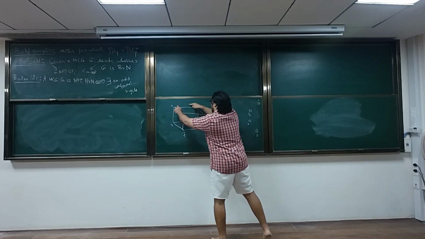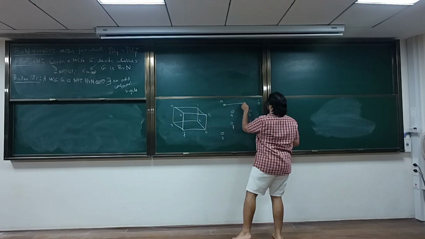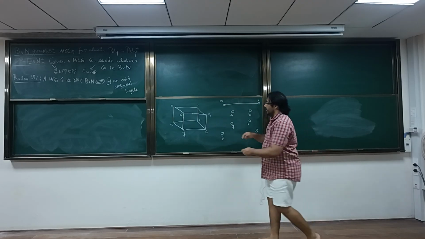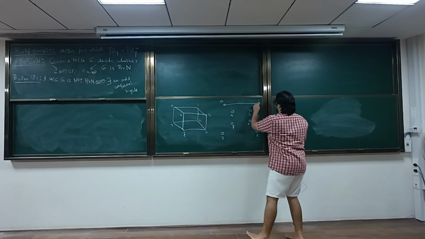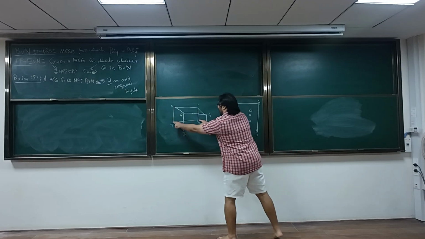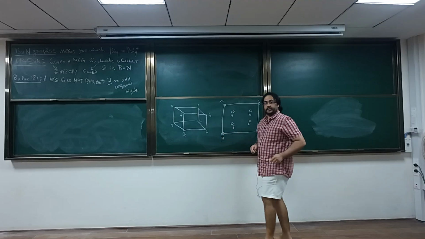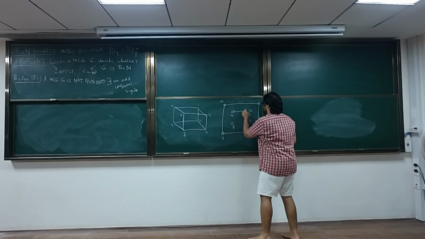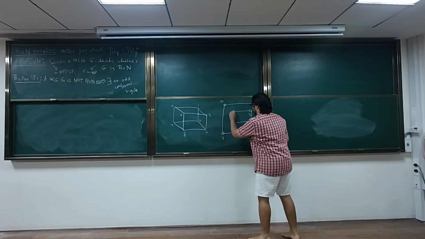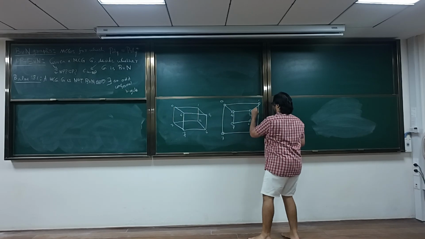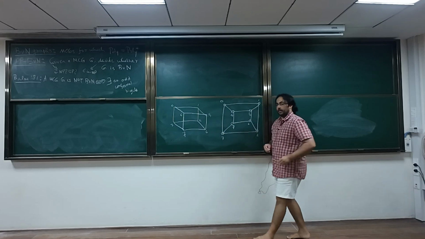So here 0 and 1 belong to a sharp edge, 1 and 2 belong to a sharp edge, 2 and 3 belong to a sharp edge, 3 and 0 belong to a sharp edge, and if you keep doing this, you will get exactly this graph. If I did not make any mistakes in labeling, please check.